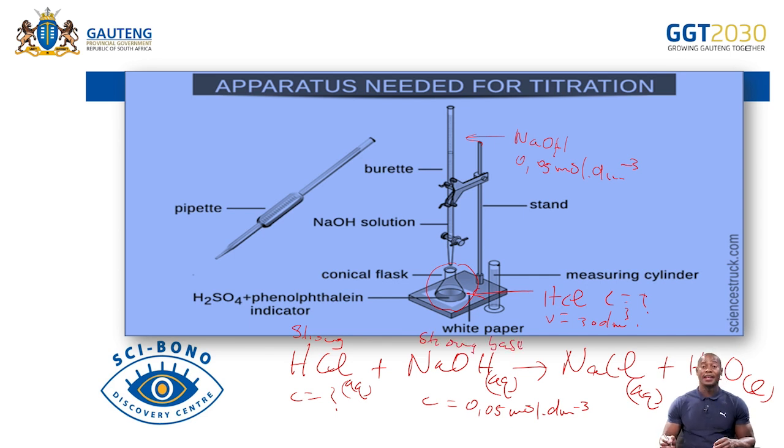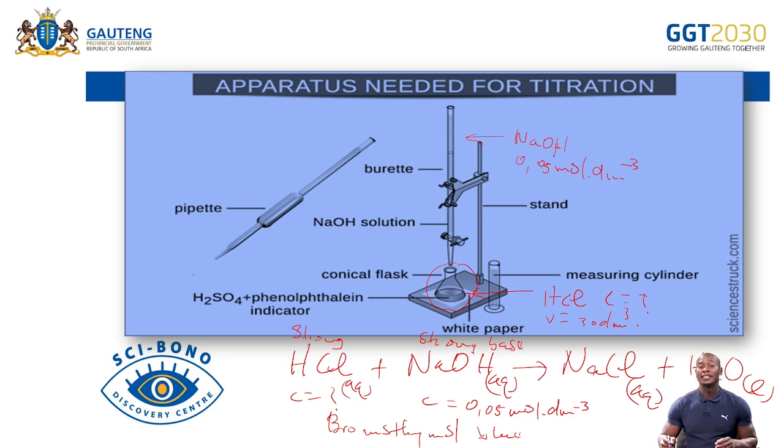To determine the endpoint here, the suitable indicator will be bromothymol blue. So we will add a few drops of bromothymol blue into that Erlenmeyer flask. Why are we adding bromothymol blue?